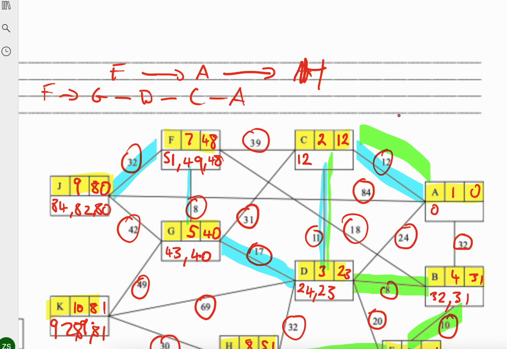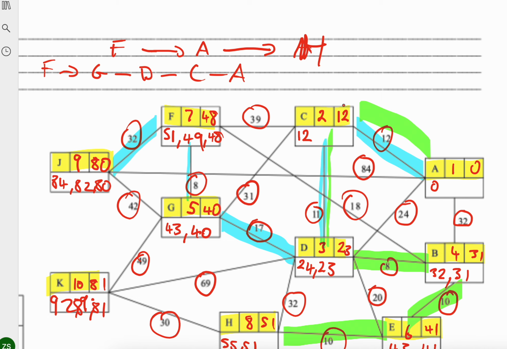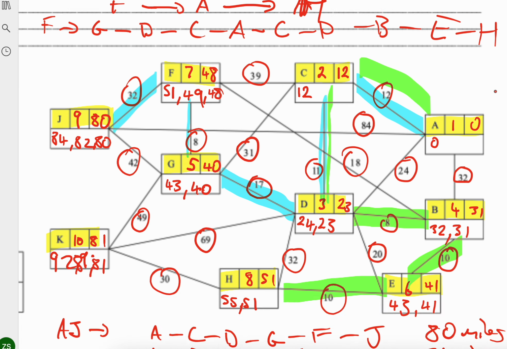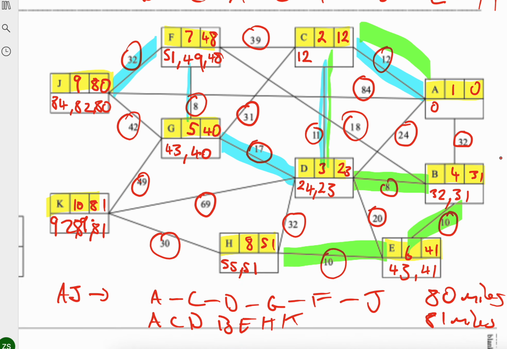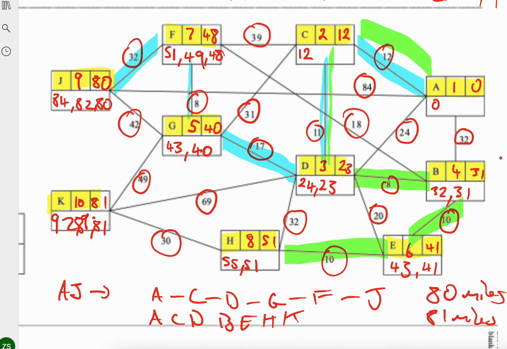From A, we follow the green path now, to C, we go forward now, to D, to B, to E, then to H. You've done half the work already from F to A, because both of those nodes were not part of Dijkstra's start point, there was no A. You haven't got the calculations for it, but because we have to go via A, we can just reverse Dijkstra, because F to A is A to F. Yeah, makes sense. Cool.